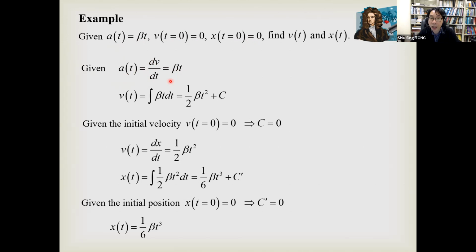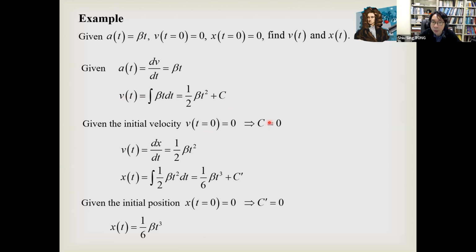We integrate both sides, so we get v as the integral of beta t dt plus a constant of integration, which gives half beta t squared plus c. Now we know that initially the velocity is 0. So when t is 0, v is 0, which means c is 0.